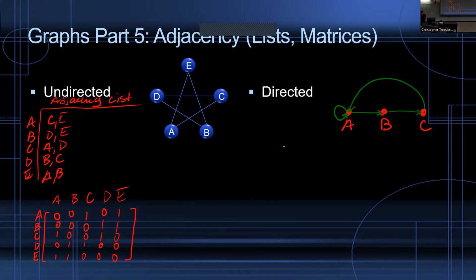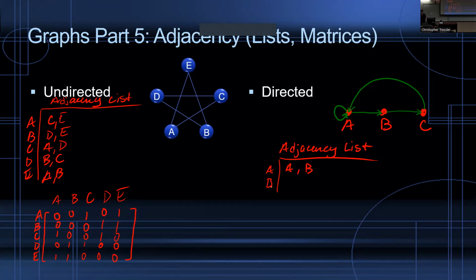So when we do our adjacency list, we're going to have A. Now, what is A adjacent to? Any guesses? Right, A and B. It's adjacent to itself because I put that loop there, so it's going out and back to itself, and it's also adjacent to B, right? Because it's going out into B.